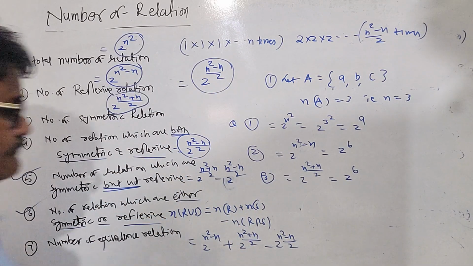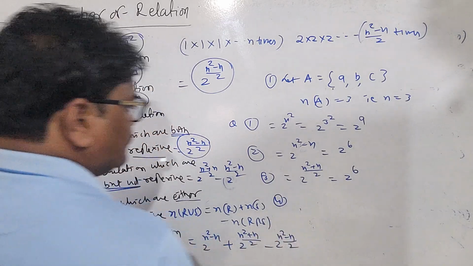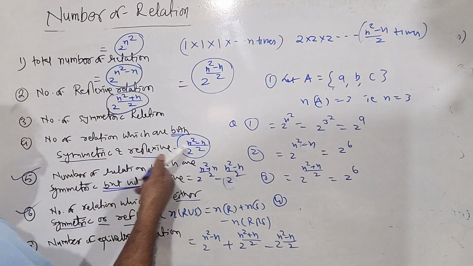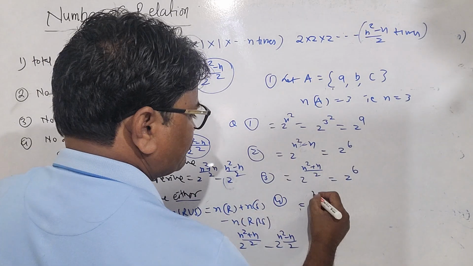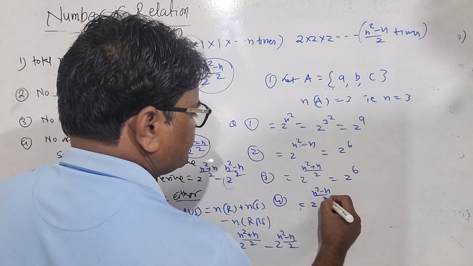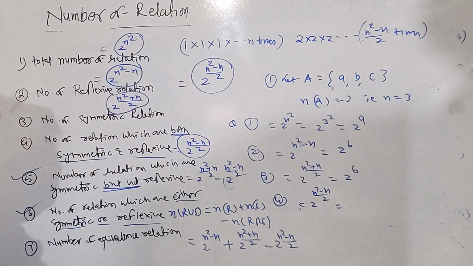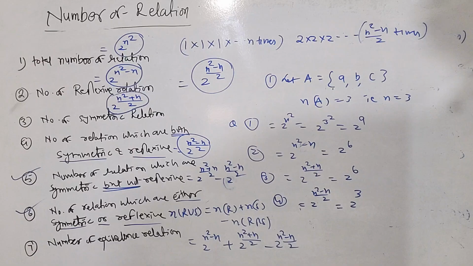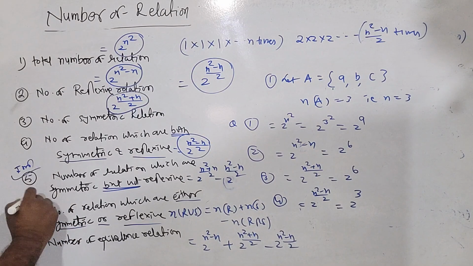And the fourth one is total number of relations which are both symmetric and reflexive. So what is the formula? 2 to the power (n square minus n)/2. So 3 square 9, 9 minus 3 is 6, 6 divided by 2 is 3, that is 2 to the power 3. Okay, now coming to this one, this is interesting, important.